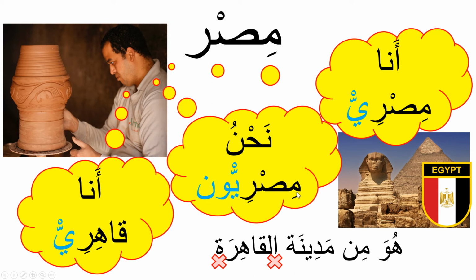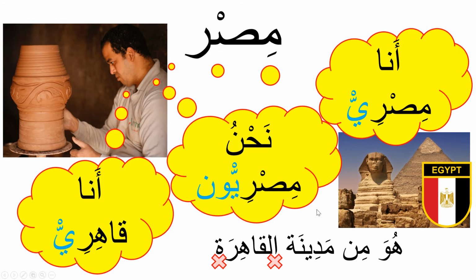So instead of Misri, it's Misriyun. You might also see Misriyin instead of Misriyun, so it could be a second ya instead of the wow, and then the noon. There's a feminine version of this we'll cover on the next slide. And then we already talked about how to take al-Qahira and make it into a nisba form and say Qahiri.